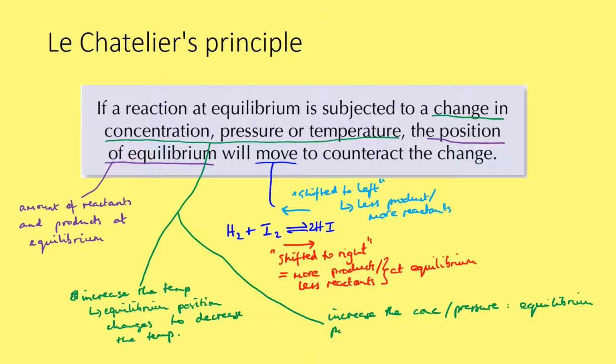So the equilibrium position, or the amount of reactants and products, changes to decrease the concentration or pressure. So that's Le Chatelier's principle, and what I'd like to do is go through Le Chatelier's principle in more detail now.